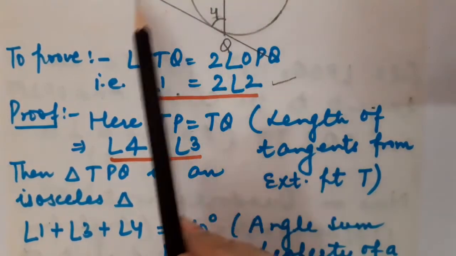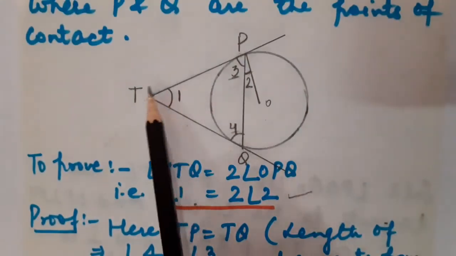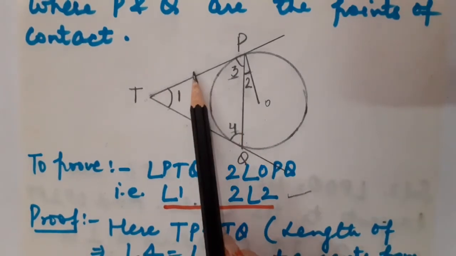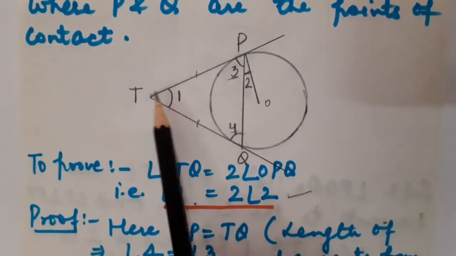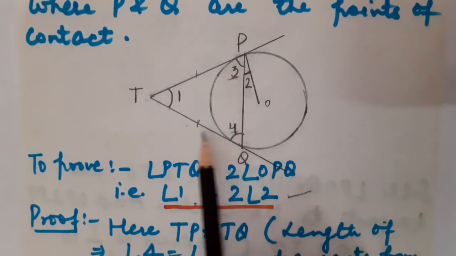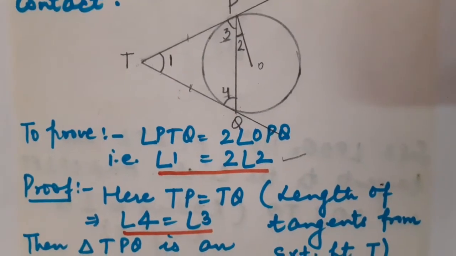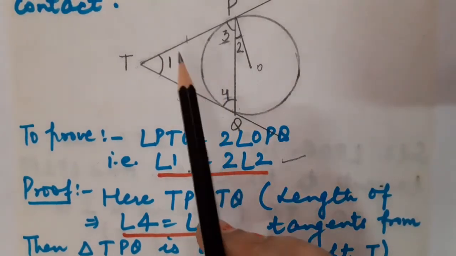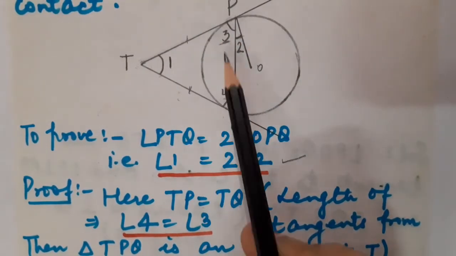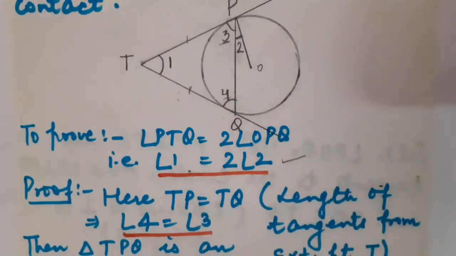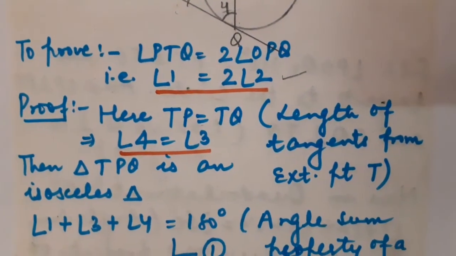As TP is equal to TQ, when 2 sides of a triangle are equal, what do we call that triangle? Of course, isosceles triangle. So we can say that TPQ is an isosceles triangle. If TP is equal to TQ, it means angle 4 must be equal to angle 3. Reason: base angles. Correct children?